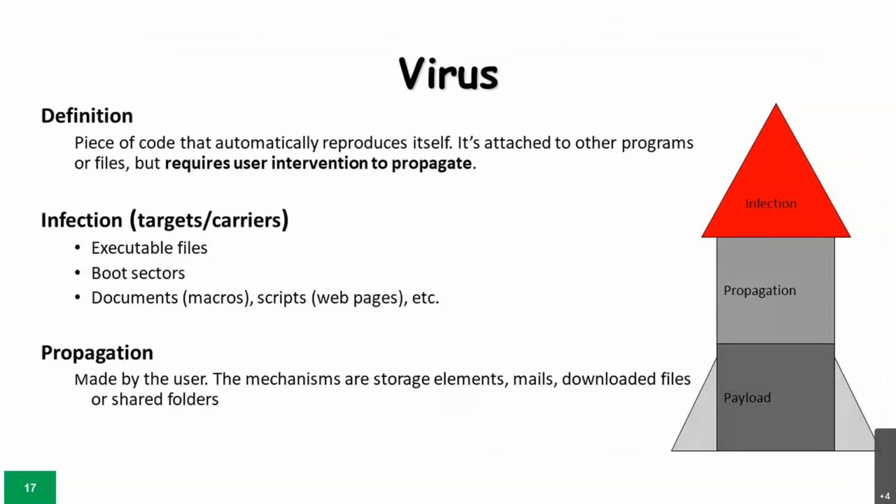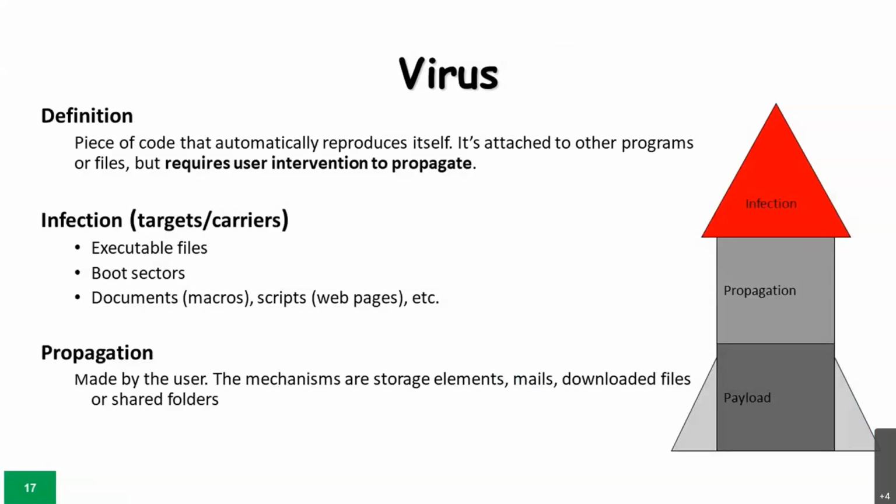First is the virus. A virus is a piece of code that automatically reproduces itself. It attaches to other programs or files, but requires user intervention to propagate. Here is the point: a virus requires user intervention to propagate, but worms don't require user intervention to propagate.